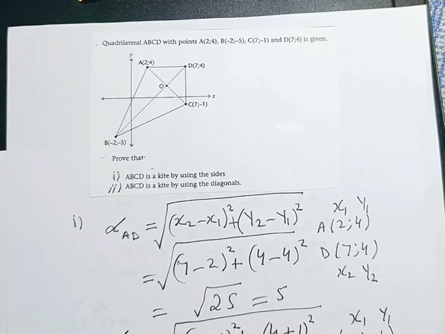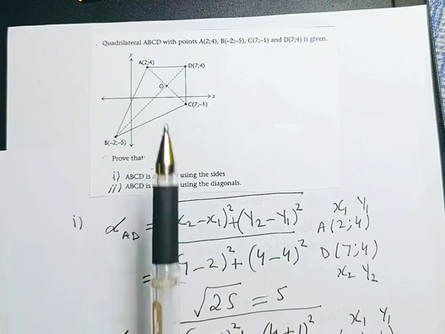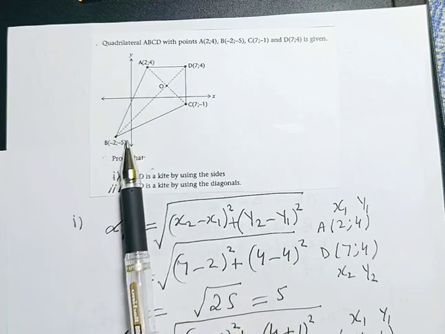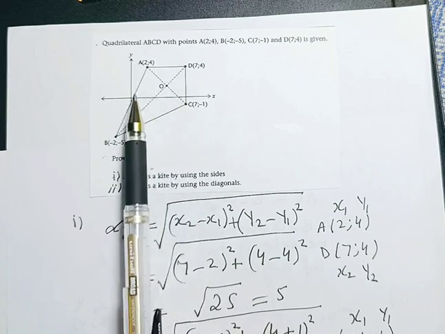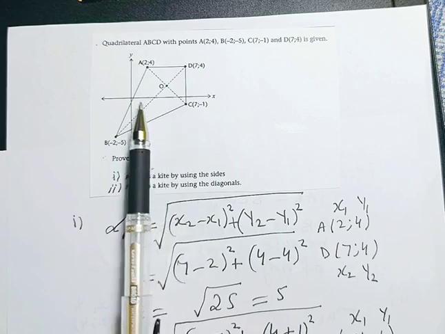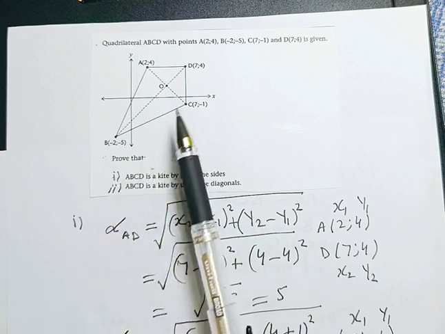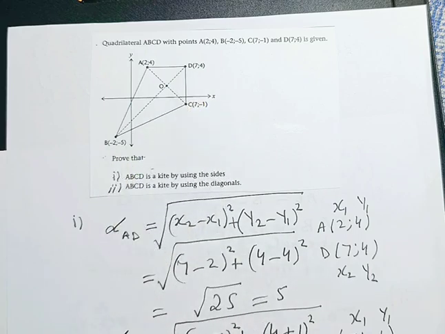So we need to show that BD passes through O, because this diagonal is the long one and this is the short one. So the short one is always going to be even. So we take the midpoint of AC, and then we find the coordinates of O, and we use those coordinates to find the equation of BD.